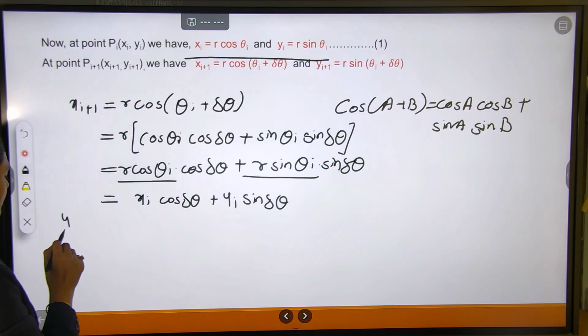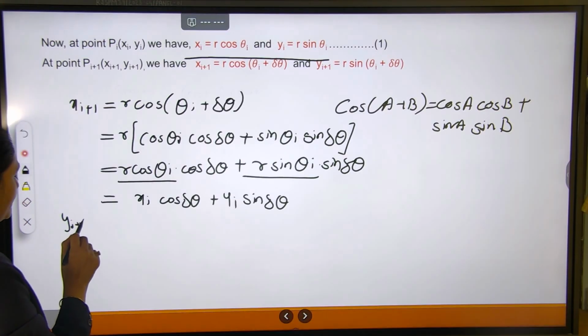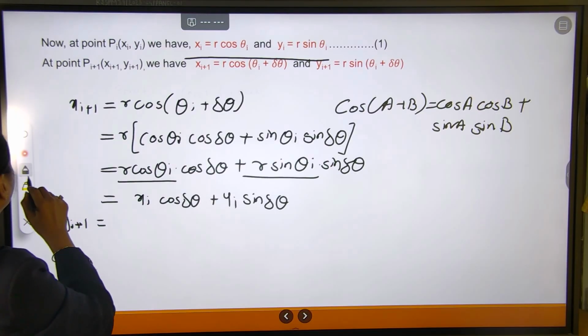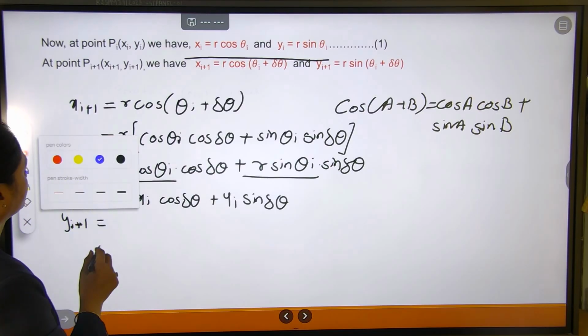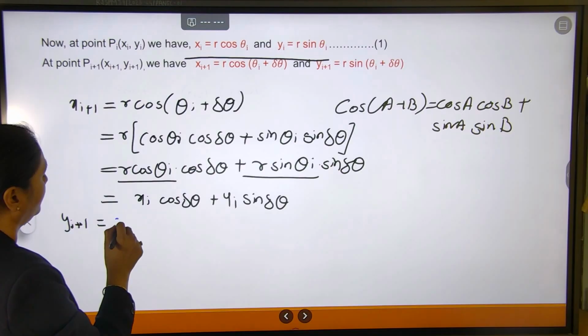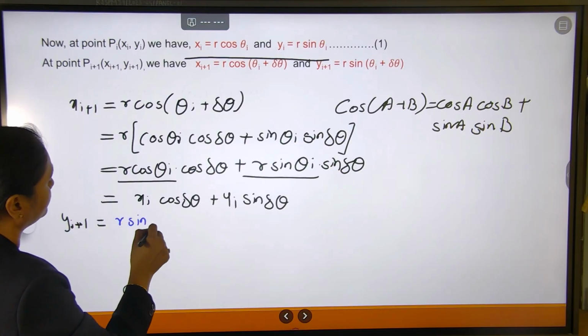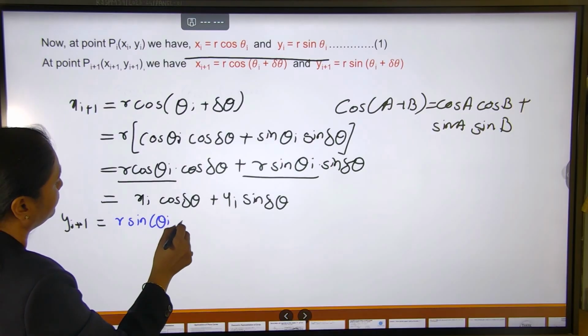Now find out the y coordinate, that is yi plus 1, and this is equal to r sin theta I plus delta theta.